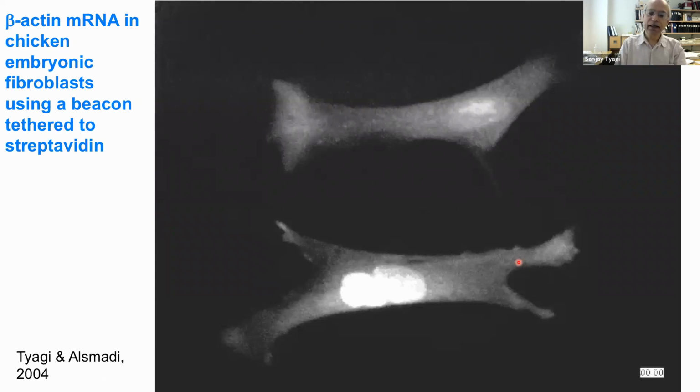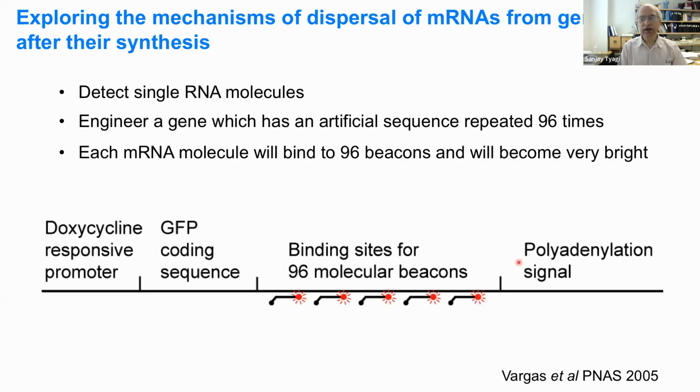And so we decided we are going to work with that property of oligos that we are just going to image in the nucleus using simple beacons. So leaving behind this beacon tethered to a protein, we went back to beacons that were pure, no protein attached to them, and we would detect an RNA that the cell would make.